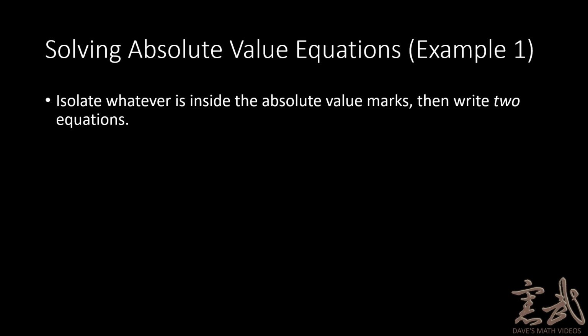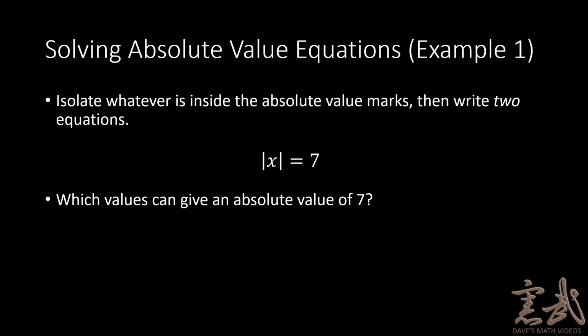Now let's move on to solving absolute value equations. The key to solving these kinds of equations is to isolate whatever is inside the absolute value marks, no matter how complicated, then write two equations. Our very first example will be something that's relatively simple. The absolute value of x is equal to 7.